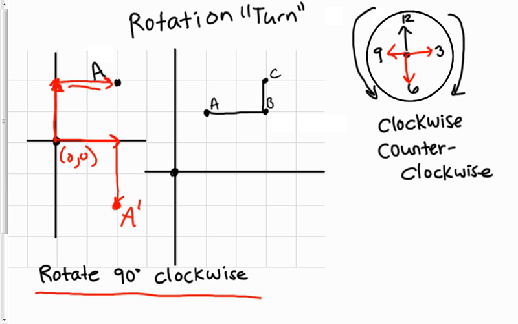So let's look at this triangle here. Let's rotate this triangle, ABC, about the origin 0, 0, and we're going to rotate it 90 degrees clockwise as well. So my point A, I go up 2 and I go over 1 unit. So if I'm wanting to rotate it 90 degrees clockwise, my 12 o'clock hand is going to be pointing towards the 3 o'clock.